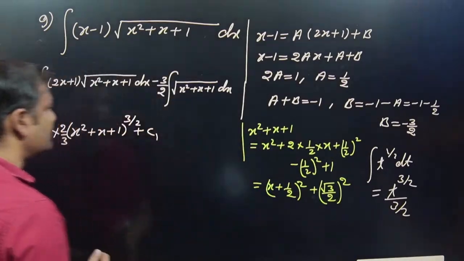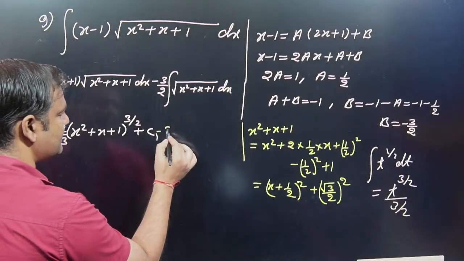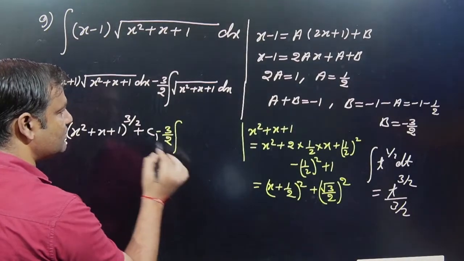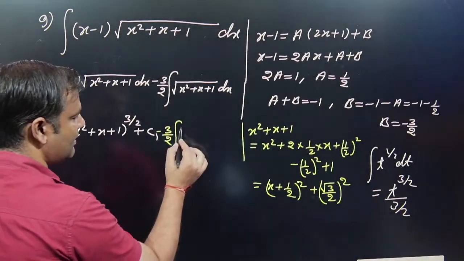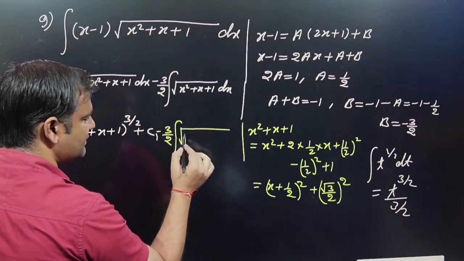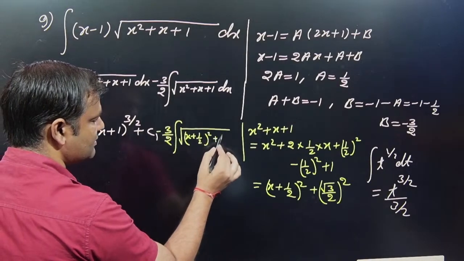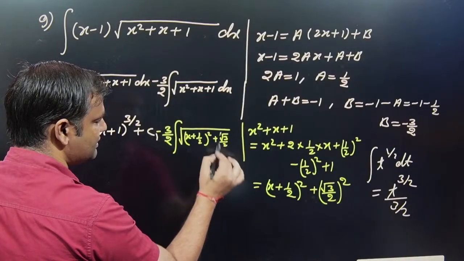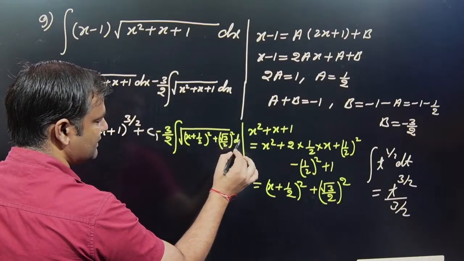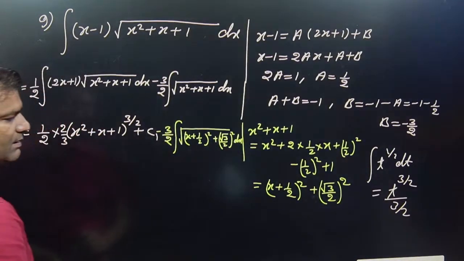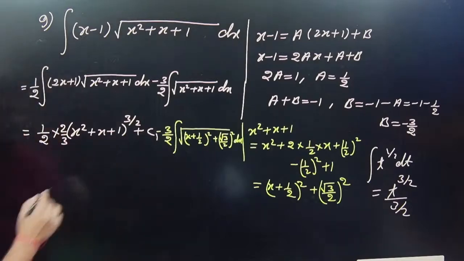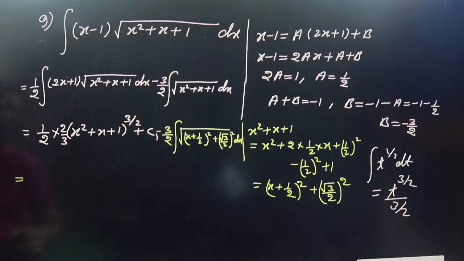Okay, so you can say minus 3 by 2 into the integration of under root of x plus half to the whole square plus root 3 by 2 to the whole square, dx. I hope that is clear. Now after that, what about that value?